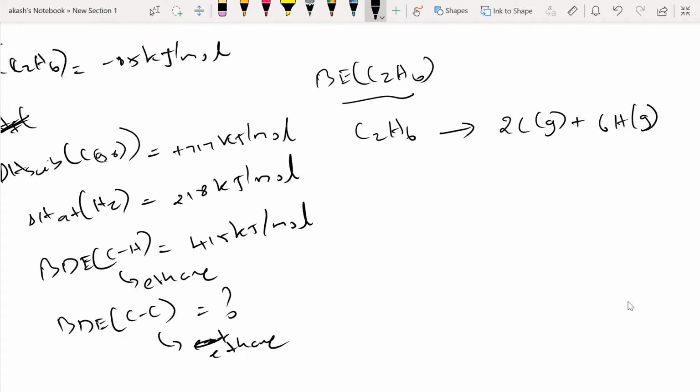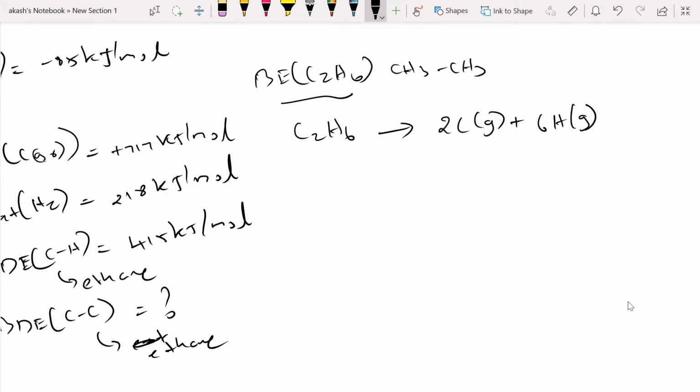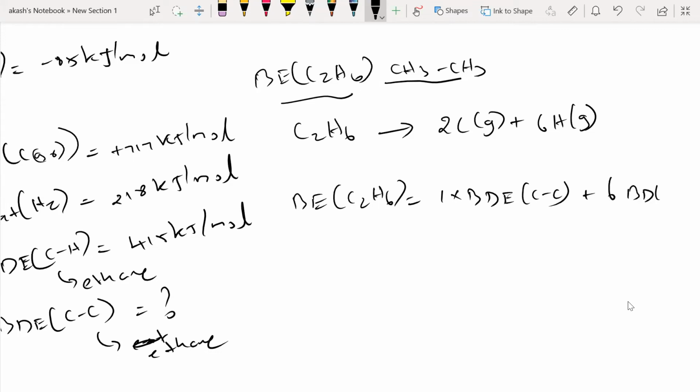And I will be able to write the bond enthalpy of C2H6 in terms of bond dissociation enthalpies. I have one C-C bond, so 1 into bond dissociation enthalpy of C-C bond, plus 6 into bond dissociation enthalpy of C-H bond, because I have 6 C-H bonds there.